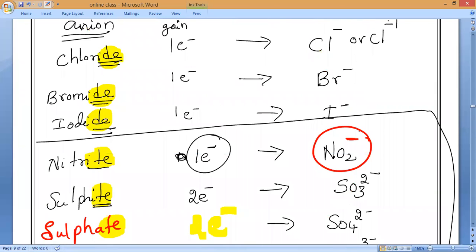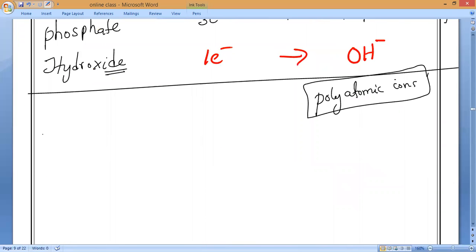Please remember that. Same way, can you tell me nitride? Anybody? Nitride needs 3 electrons. So it is N3 minus. Okay. So I hope everybody understands. If anybody has any doubt, kindly let me know. Are you clear, guys?